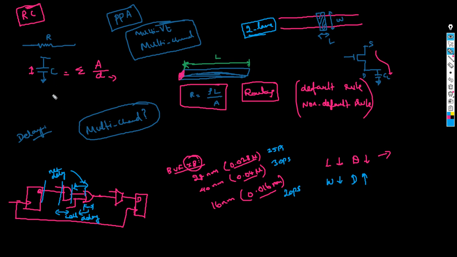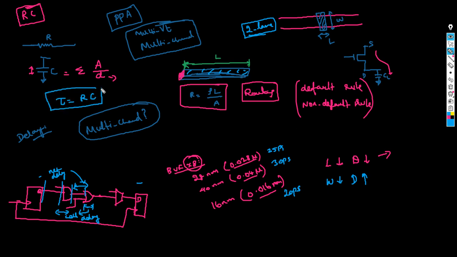Now, how does the tool calculate your net delay? It is the amount of time it takes for the data to reach from here to here. This comes under STA, static timing analysis. In this case we need to know how the net delay is calculated. You know the R and C of the net that is routed. So tau is equal to RC.